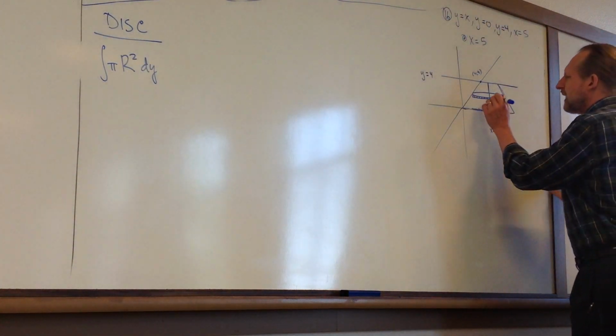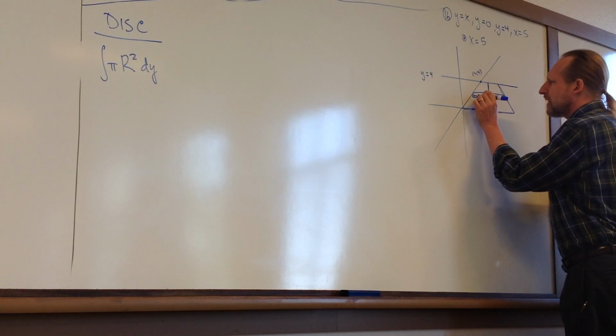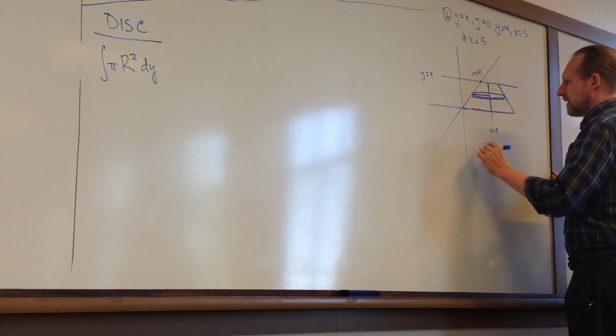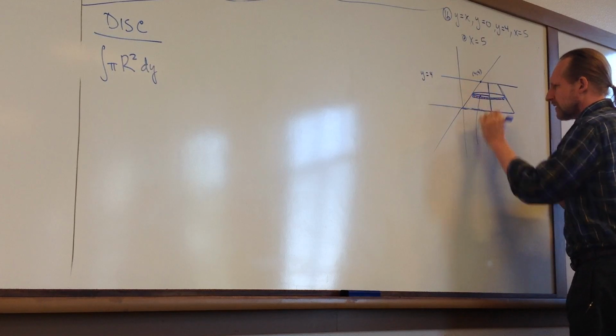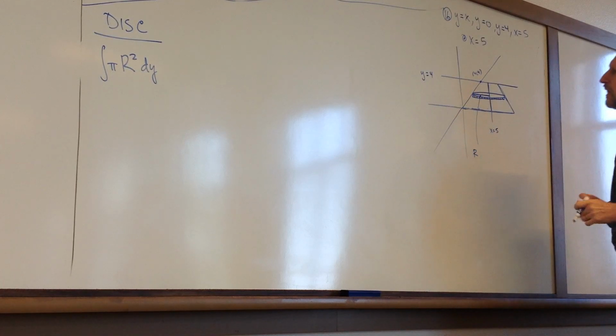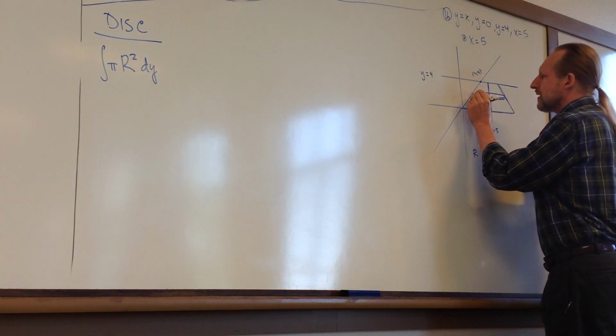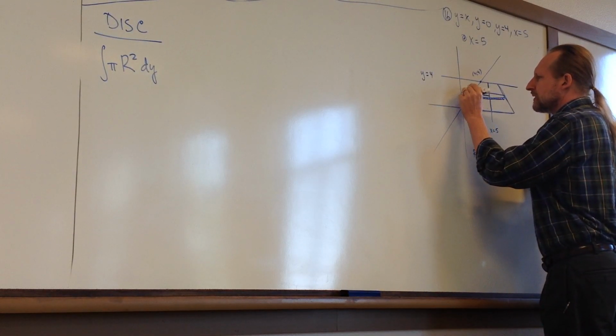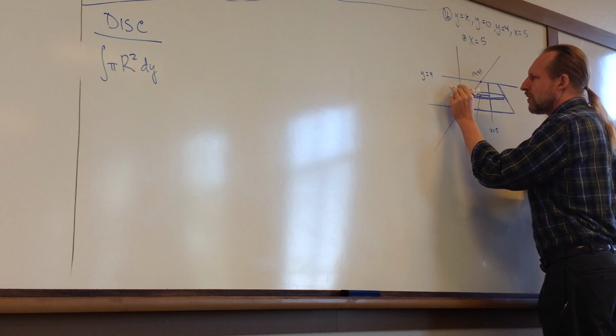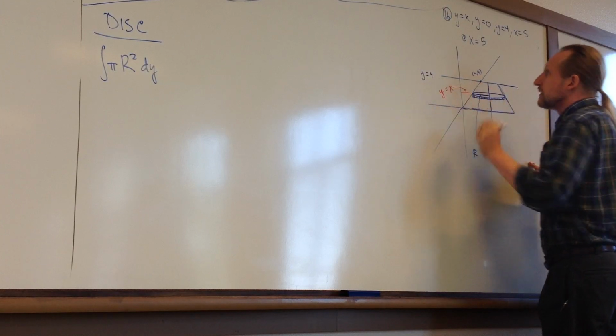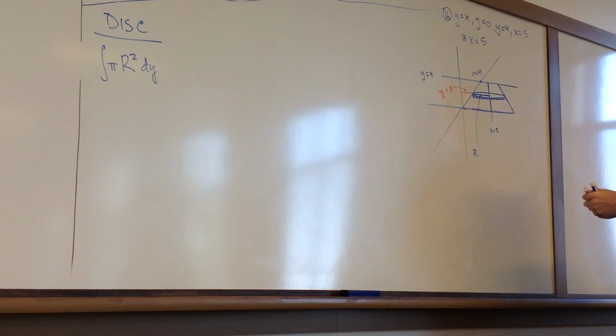Now we have to identify that radius right there. So there's our r. And this piece right here is the x value, which in our case is equal to y. So that's the function of y that we're interested in.